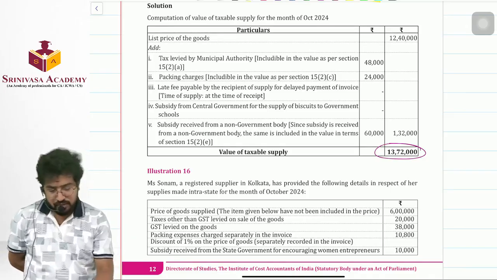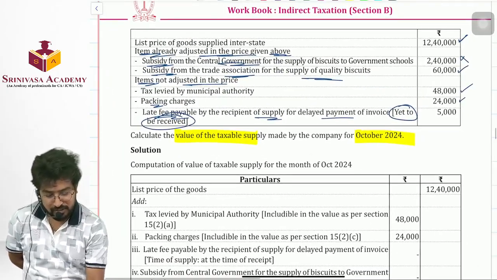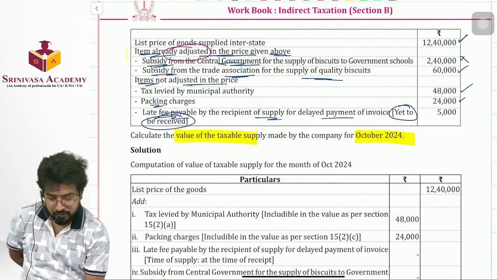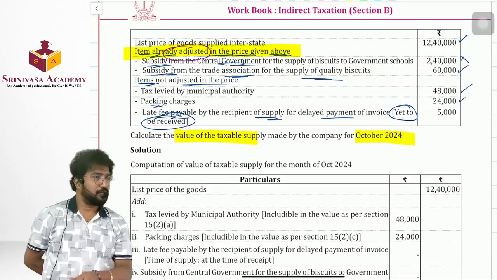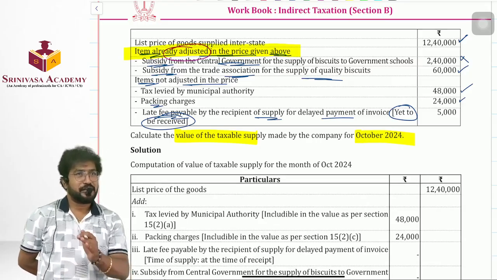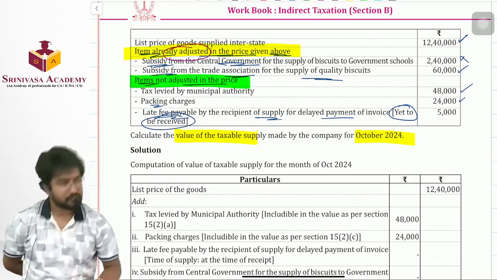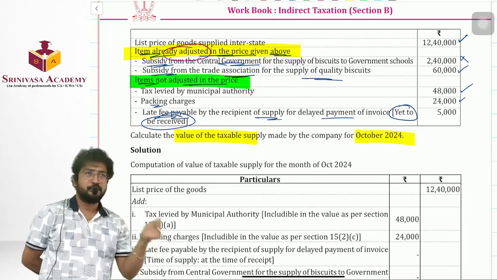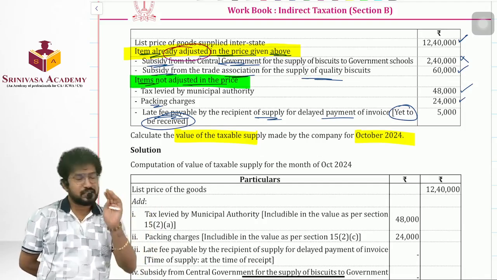They say items are already adjusted, meaning they are assuming it is not adjusted. Let us not comment on their knowledge. There is no respect for this line in this problem. They told items after adjusting this, and they give one more line, not adjusted. Both are contradictory points, but you are doing the same treatment. So just ignore their ignorance.